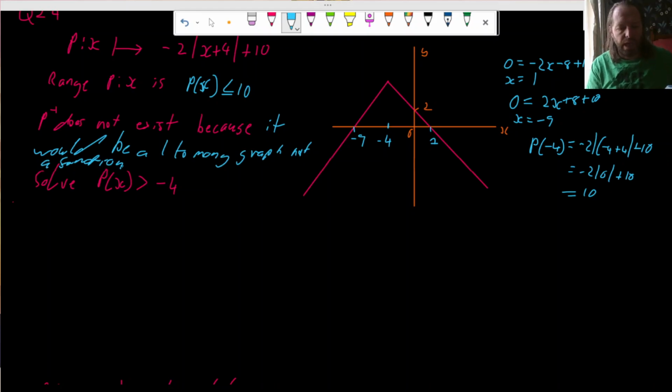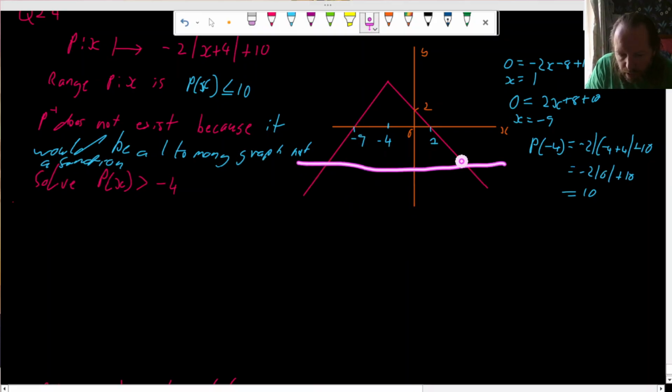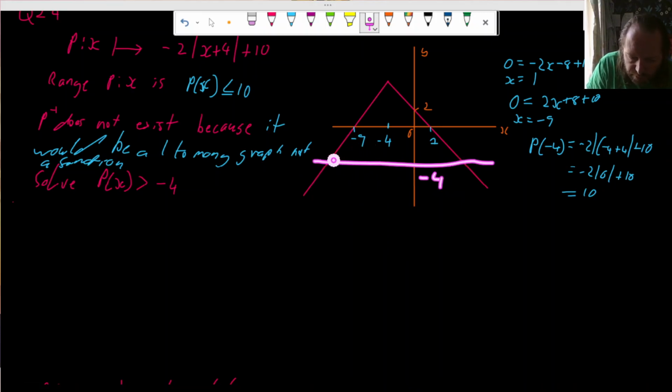Okay, excellent. All right, so solve p of x greater than minus 4. Again, there's going to be a point here where we are getting minus 4, and that will give us presumably 2 results, which we can then try and find. So let's put this in.